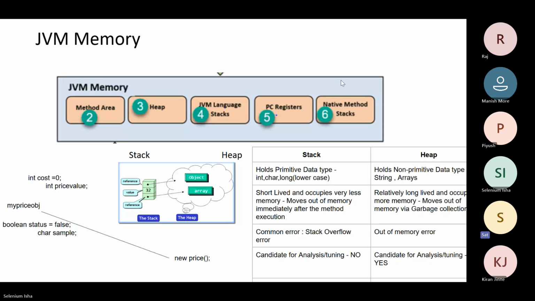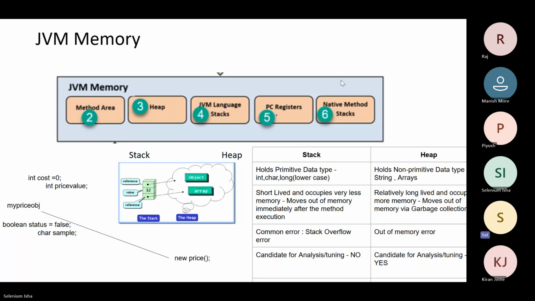Primitive data is nothing but all the small data types, integers, characters, booleans, all very small in size. They don't occupy much space. All these are called primitive, and these will get stored in a space called stack memory.